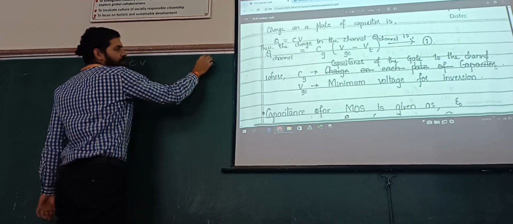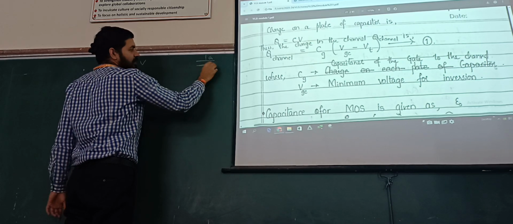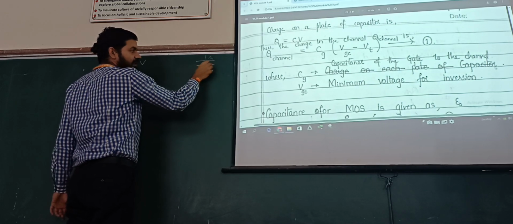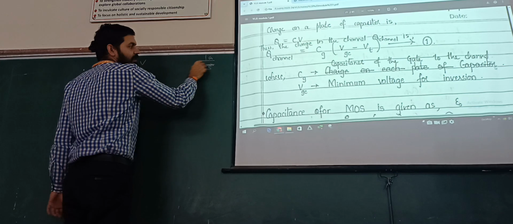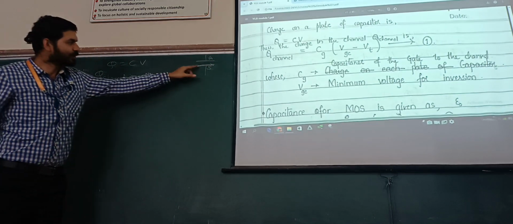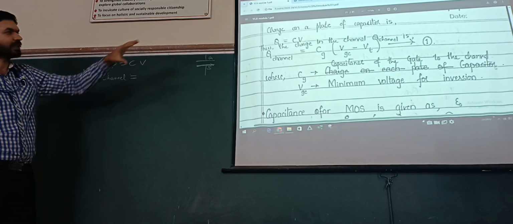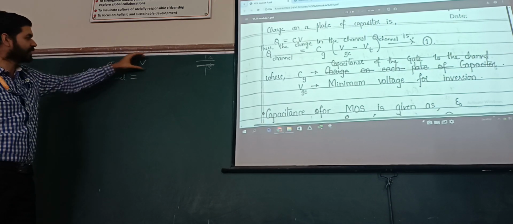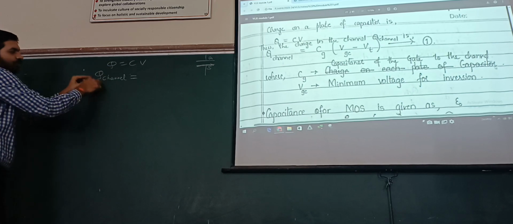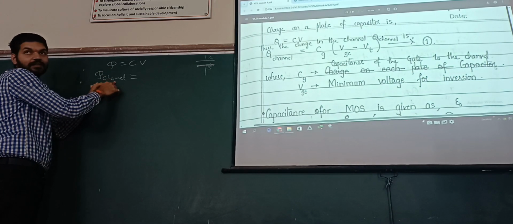Okay. So this is gate on top, and below is semiconductor, the channel, n channel. So we are defining the charge on the plate of the capacitor, Q is equal to C into V, where Q is Q channel, the number of charge carriers in the channel.